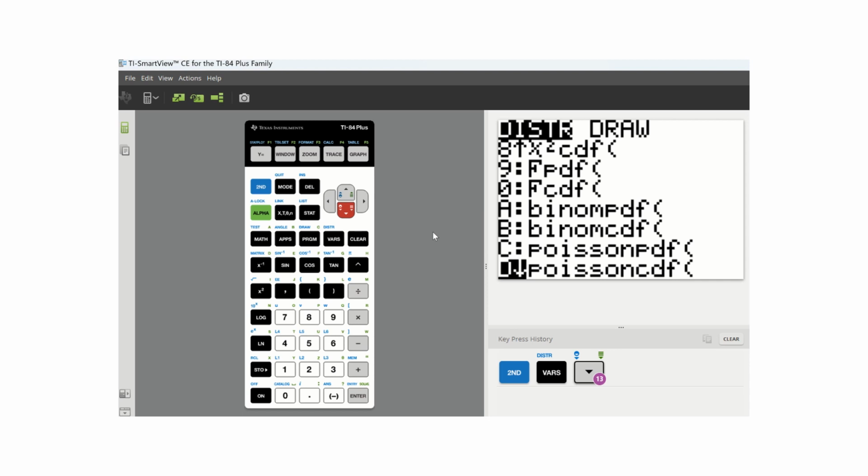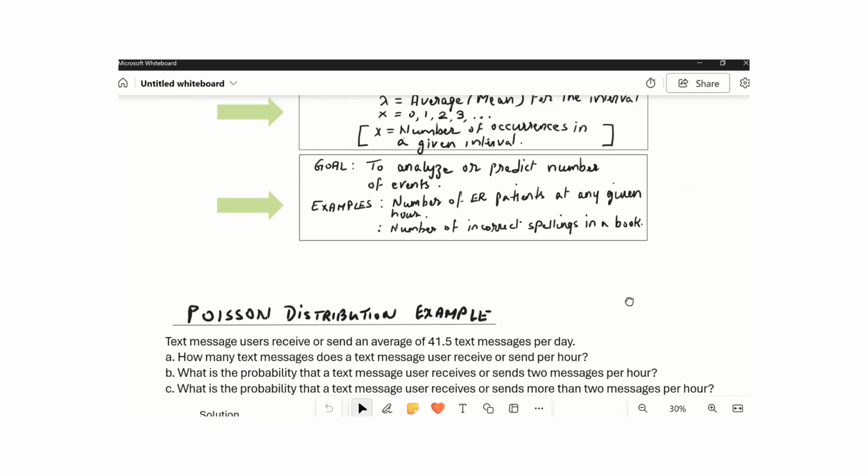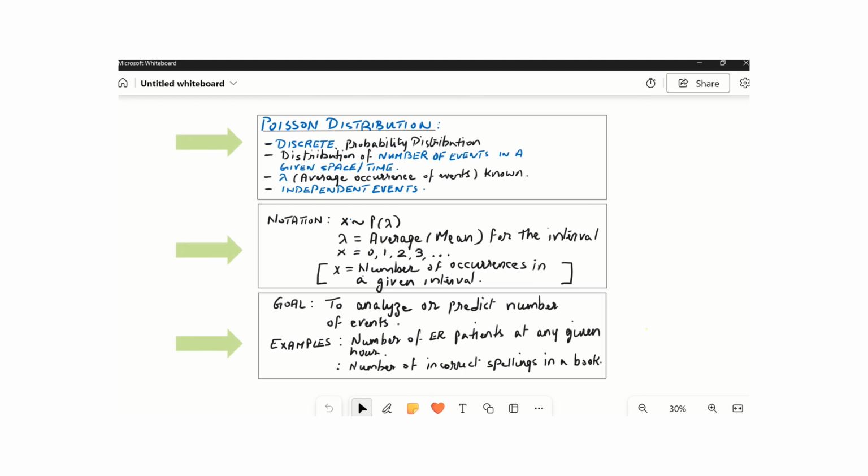There are two functions for it, poissonpdf and poissoncdf. We will take a look at both of them with an example. But before we do that, let's take a quick recap on what a Poisson distribution is. A Poisson distribution is a discrete probability distribution of the number of events in a given space of time.